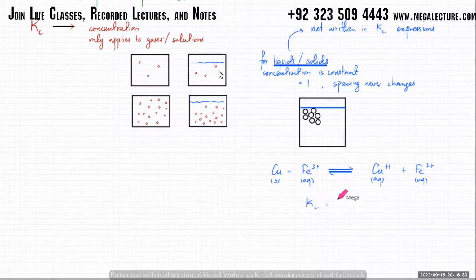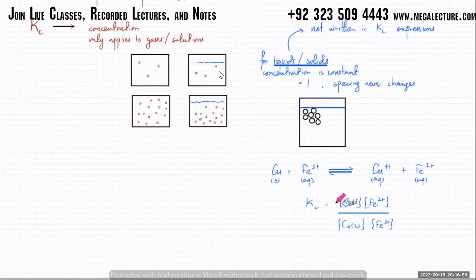So if I were to write the Kc expression, it's going to be the concentration of Cu2+ aqueous. Square brackets are for concentration. The other product is Fe2+. And my reactants are copper solid and its concentration, and Fe3+ and its concentration.